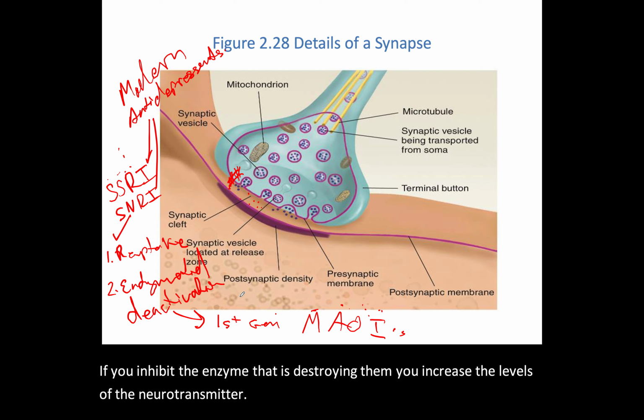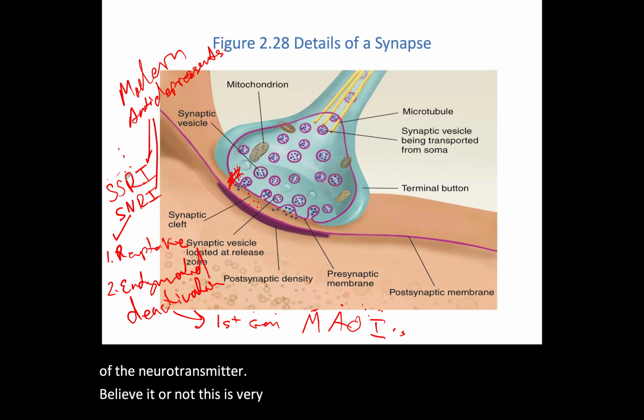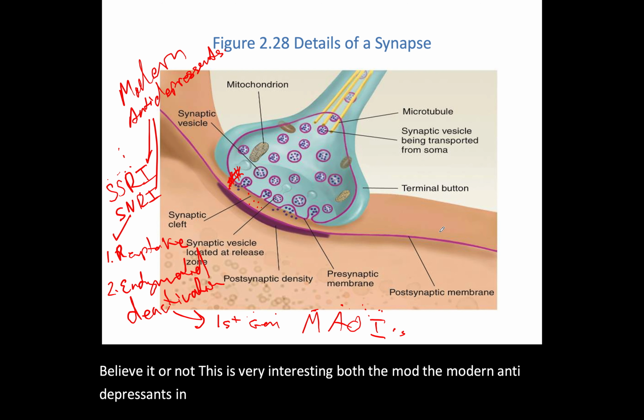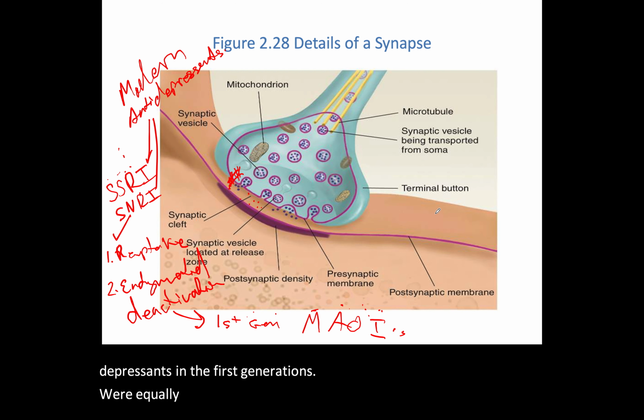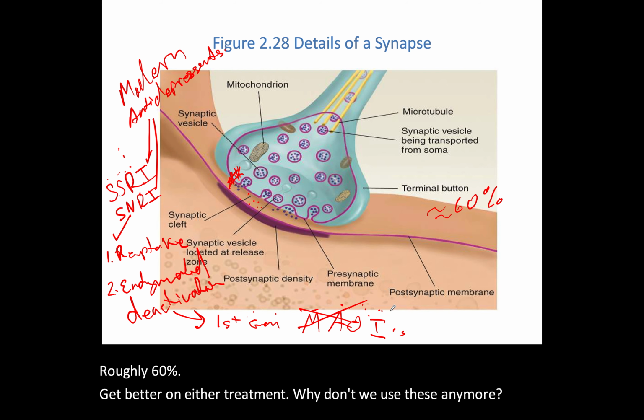Believe it or not, and this is very interesting, both the modern antidepressants and the first generations were equally effective. Roughly 60% get better on either treatment. So why don't we use these anymore? These are a blunt instrument.